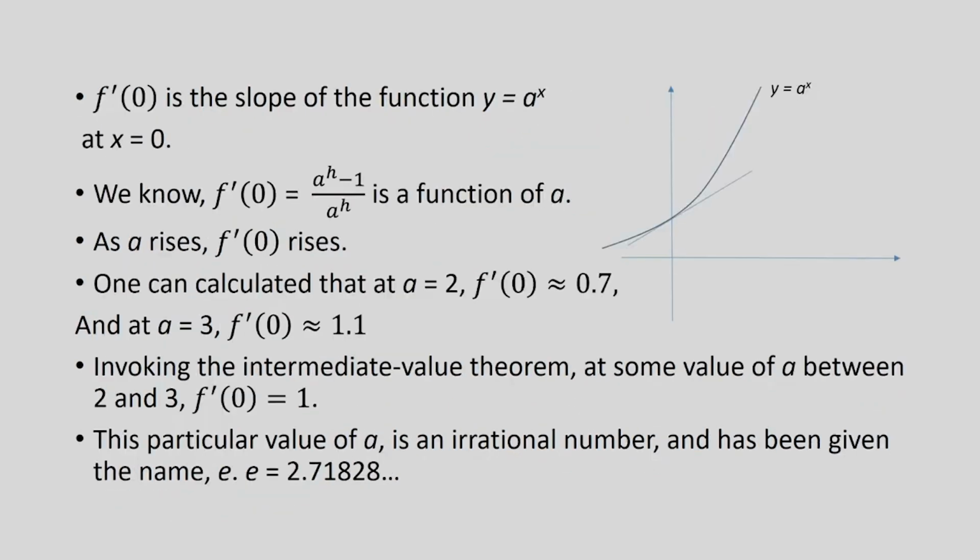Okay, and what is f dash of 0? I said that this is an important quantity, but what is the interpretation of f dash of 0? Well, here I have drawn the function. So, you have x along the horizontal axis and y along the vertical axis, and this function is going to look like this.